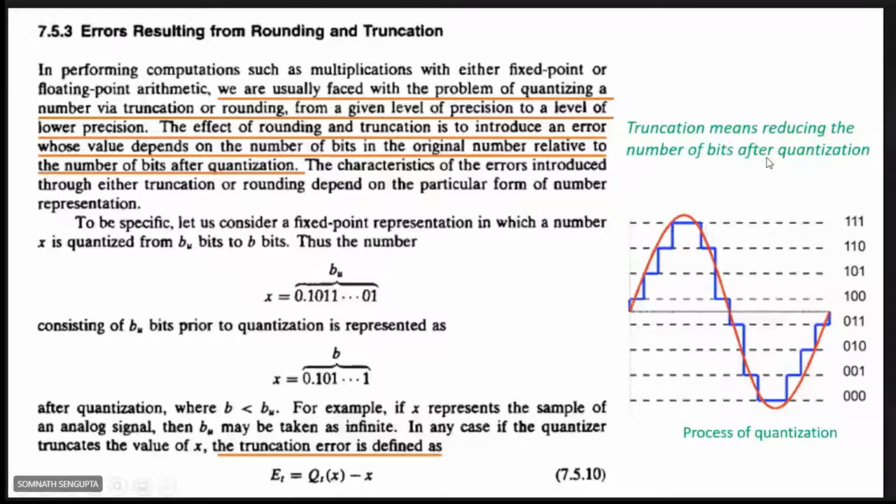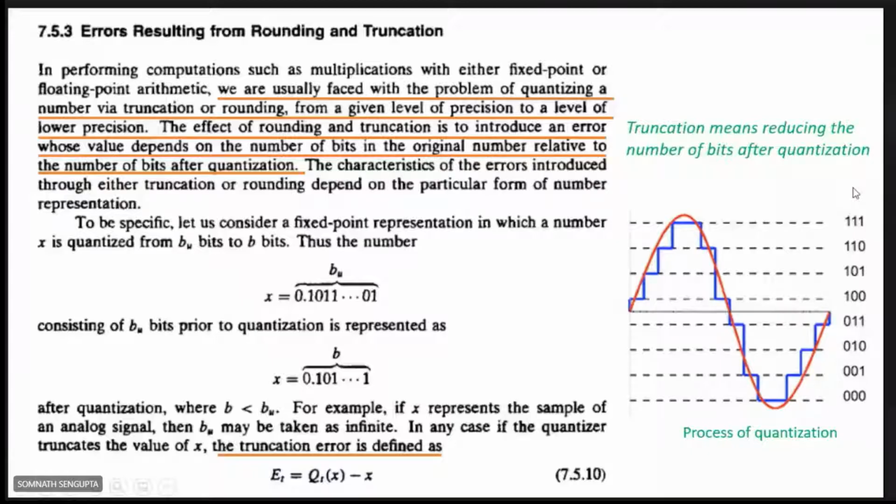Say earlier one number was represented with a very large number of binary digits. Now it is reduced to fewer digits. Say earlier it was 8 bits, now it is represented with 3 bits.